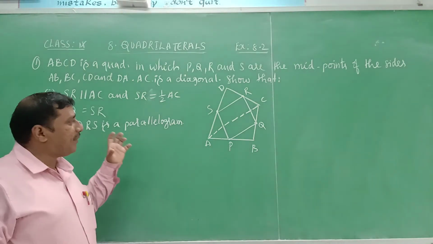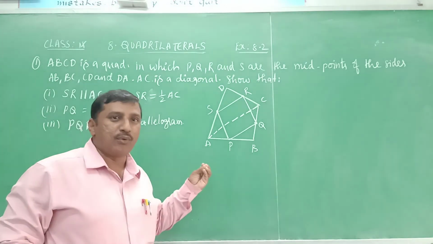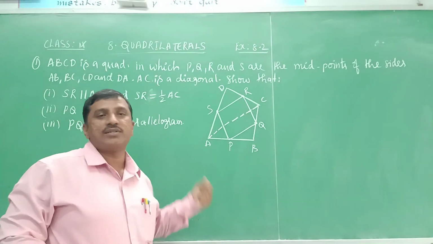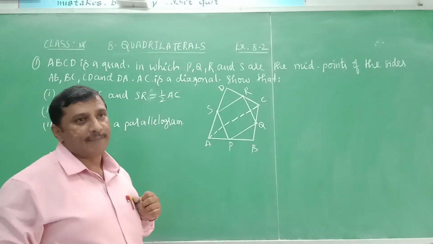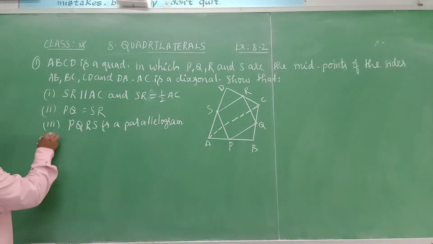So to prove PQRS is a parallelogram, we need to prove it by using the properties of a parallelogram. Say how we will prove this. We'll discuss one by one in detail.